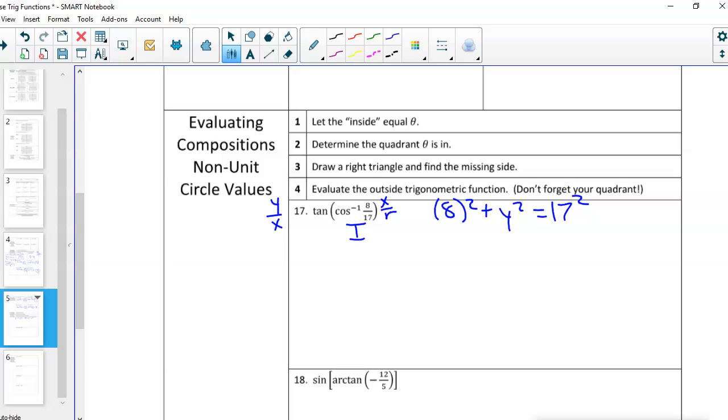So we need to find y. We have 64 plus y squared equals 289.